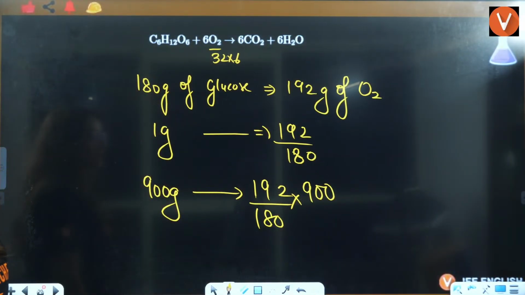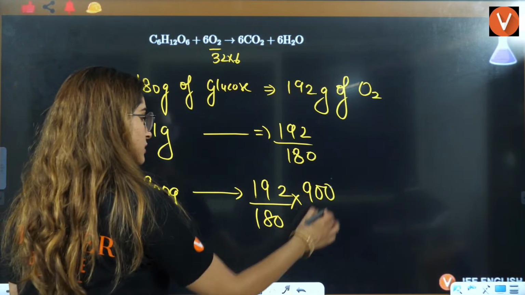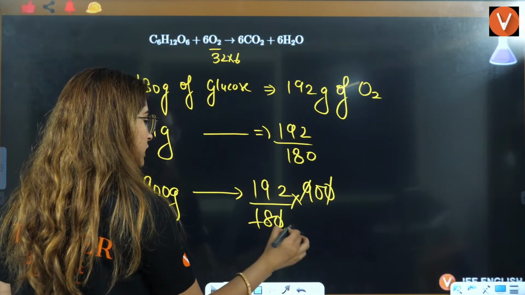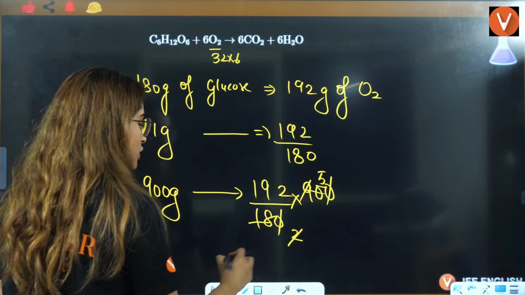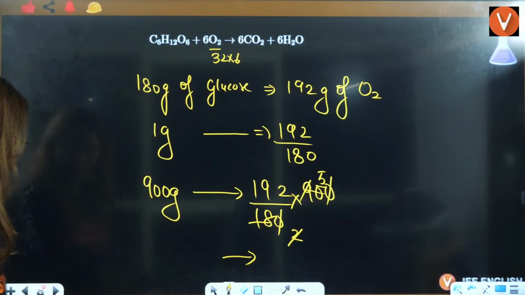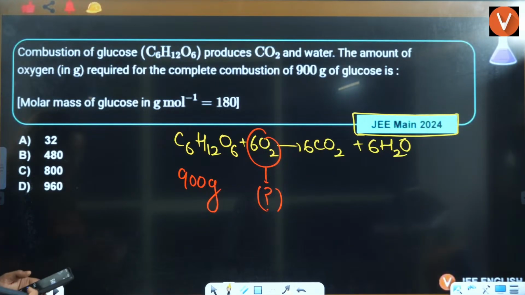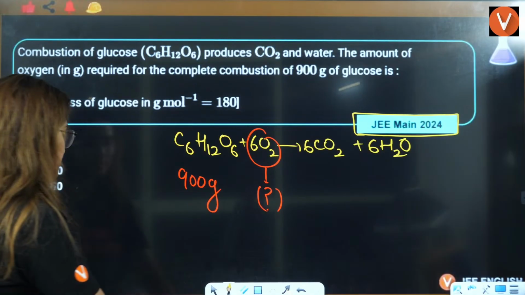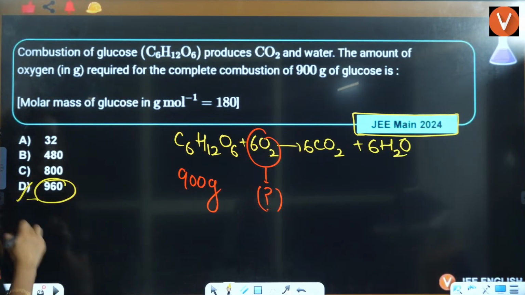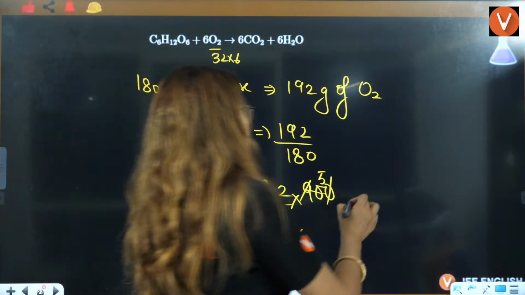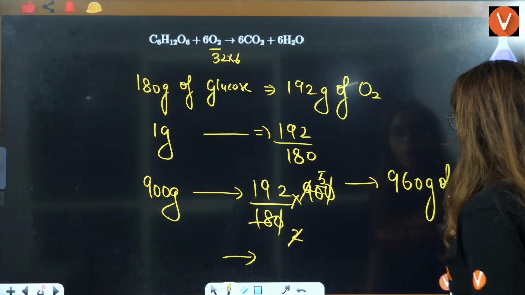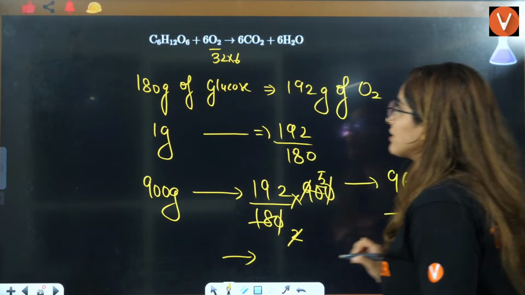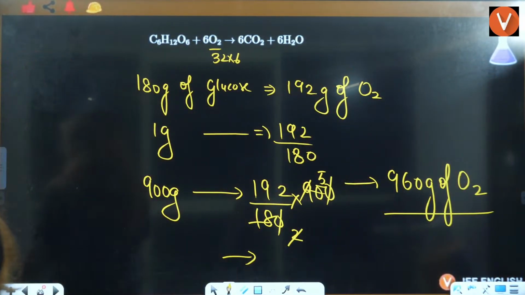That is going to be the correct answer. 900 divided by 180 is 5, so you can easily calculate the answer: 192 multiplied by 5. What is the answer? 960. So D is the correct answer. That is 960 gram of oxygen required for 900 gram of glucose.